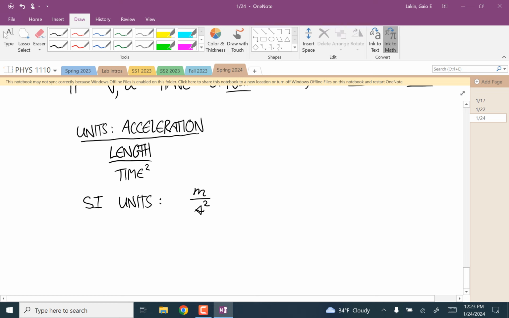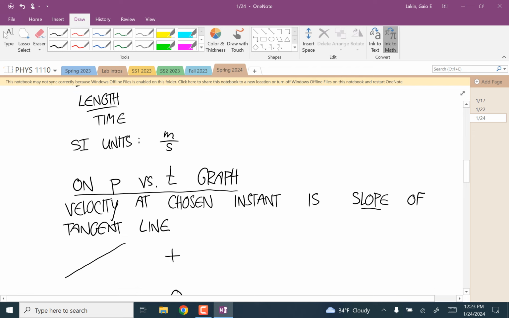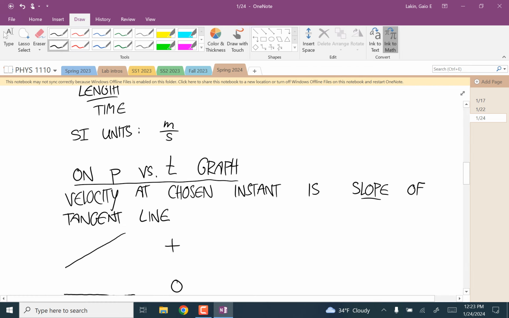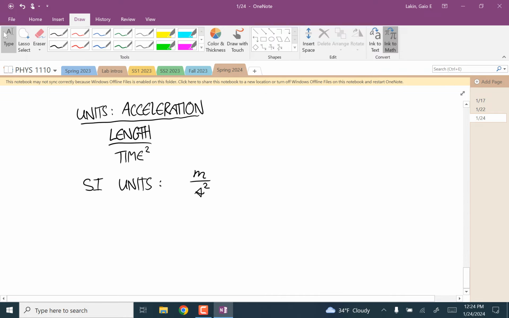Okay, so now, just like with velocity, we thought about how to interpret a position versus time graph to understand the direction of the velocity, the sign of the direction. So let's do the same thing with acceleration. On a position versus time graph, how does acceleration show up?